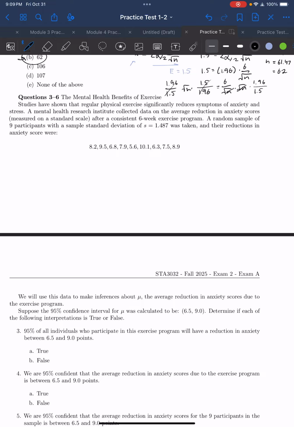We will use the data to make inferences about our average reduction of anxiety scores due to the exercise program for our population. Suppose a 95% confidence interval was calculated to be from 6.5 to 9.0, and we want to determine if each of the following interpretations is true or false.